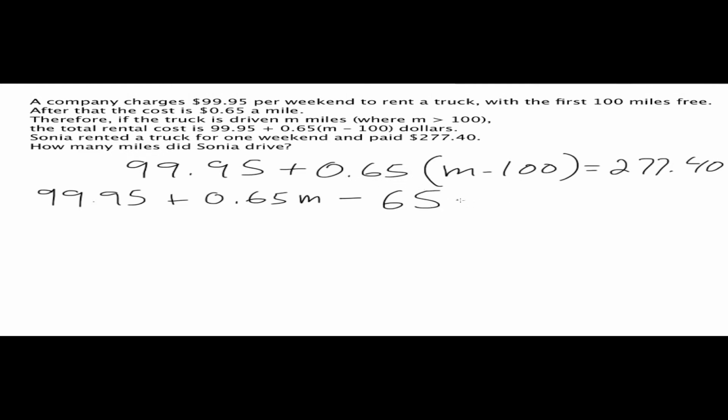And that's equal to 277.40. We combine our like terms. To do that, I need to make this an addition, so plus a negative 65. And so I have 99.95 minus 65, and that's going to be 34.95.